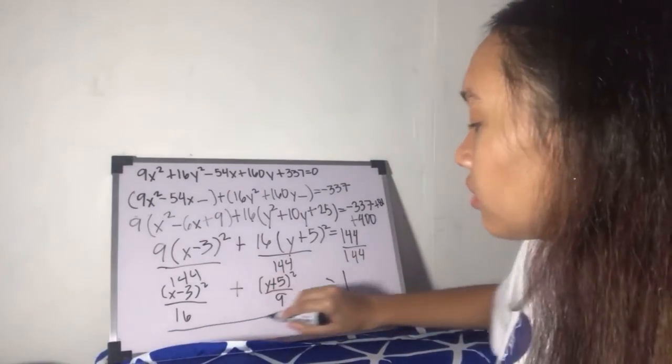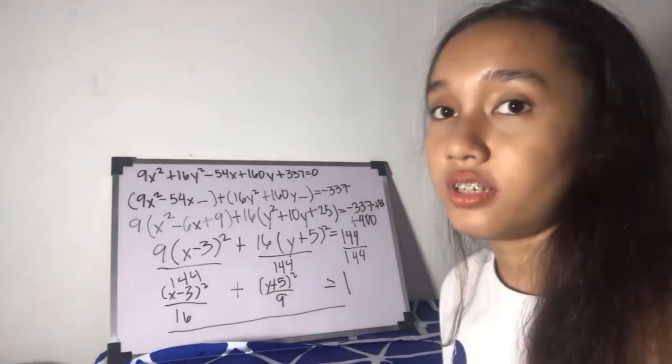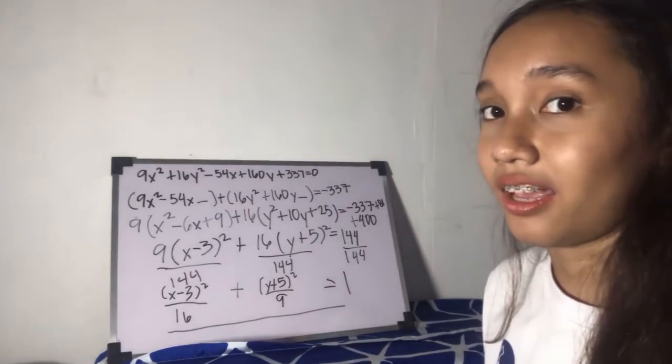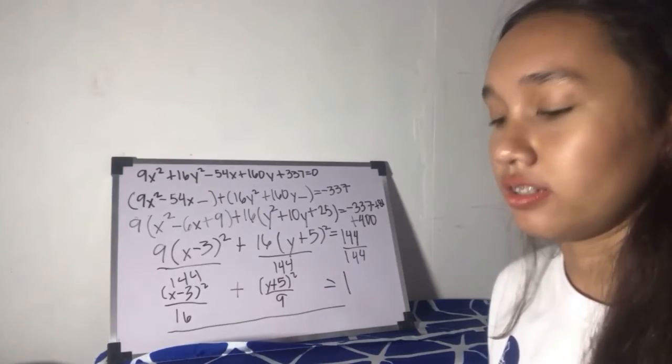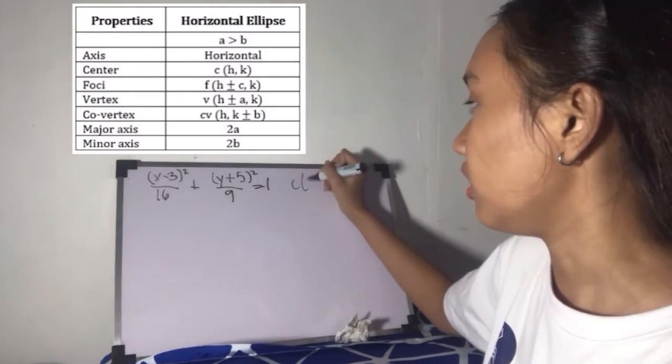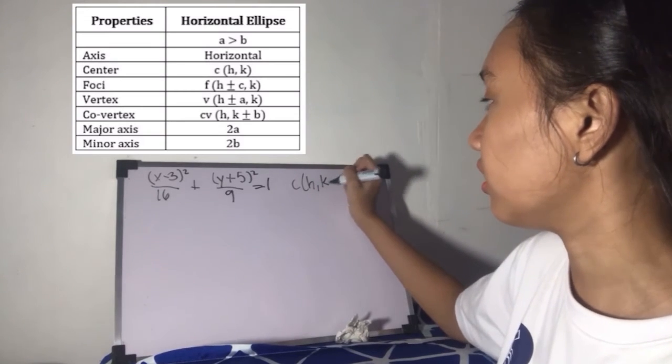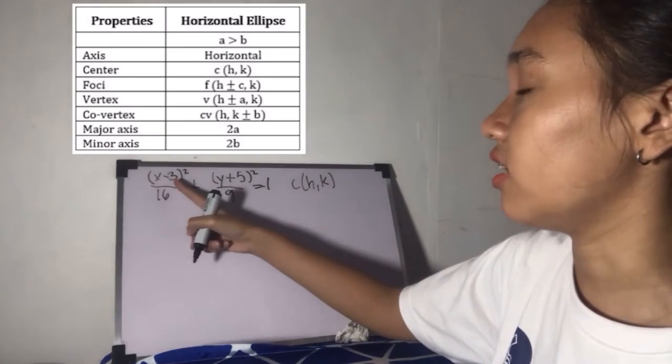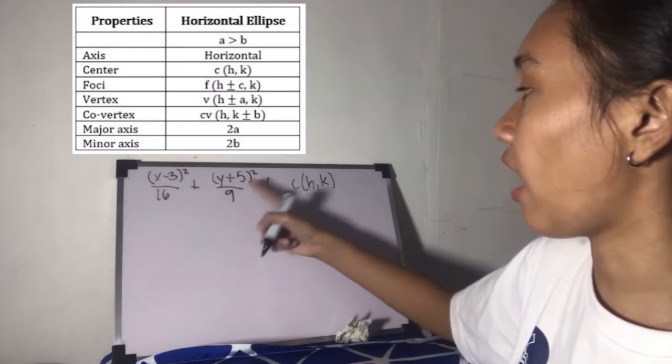Now that we have the standard equation, we can proceed to finding the properties. We know that the center is h and k, and the h and k here is 3 and negative 5.